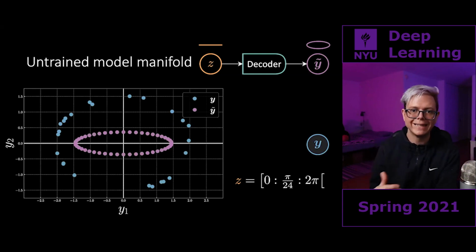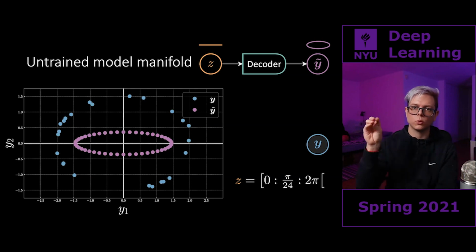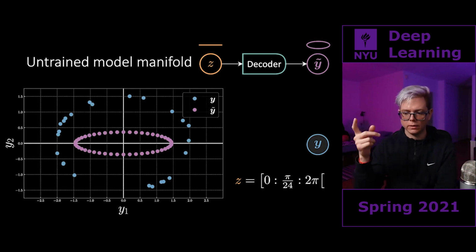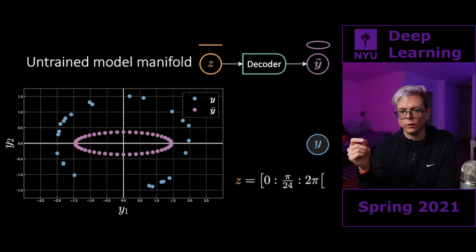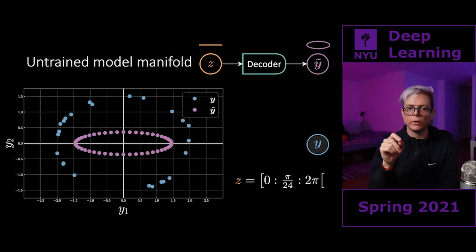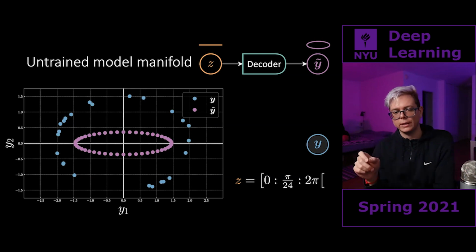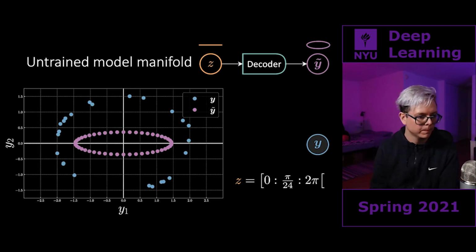And so our data set here is made of 24 different values for my y. Each y has 2 components, right? The y1 and y2. And those 2 components are given by 2 times the cosine of theta plus noise, and the other one is 1.5 sine of theta plus noise, okay?